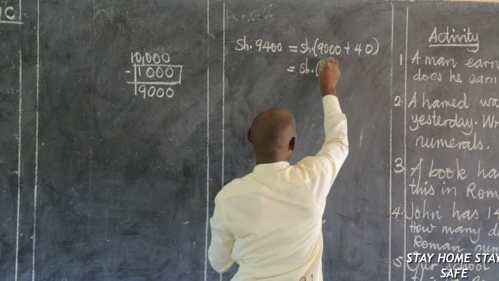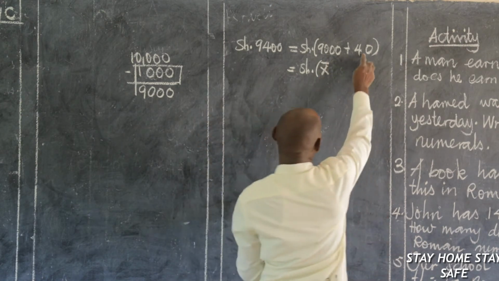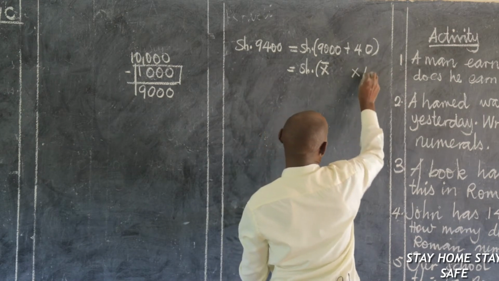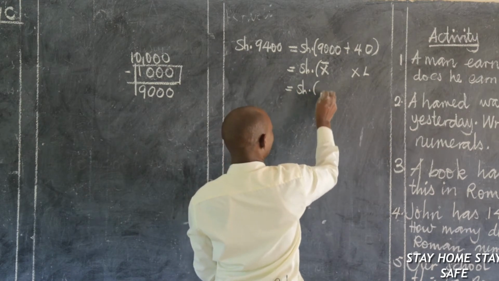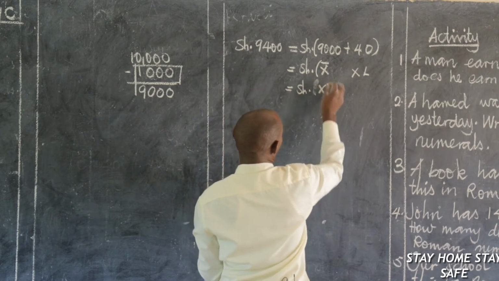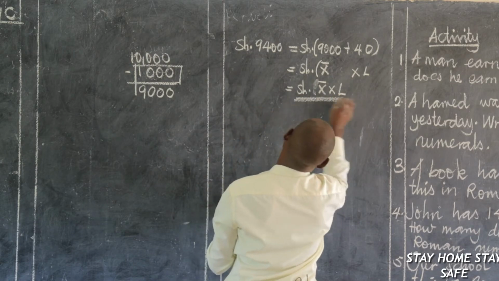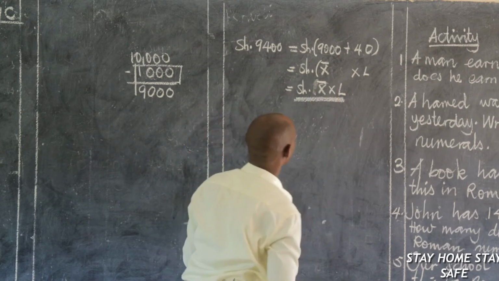It is a bar. I have always told you to read the books. What about 40? 40 is written as XL. So when you bring this together, it is going to be X with a bar, then XL. So our answer is this one.